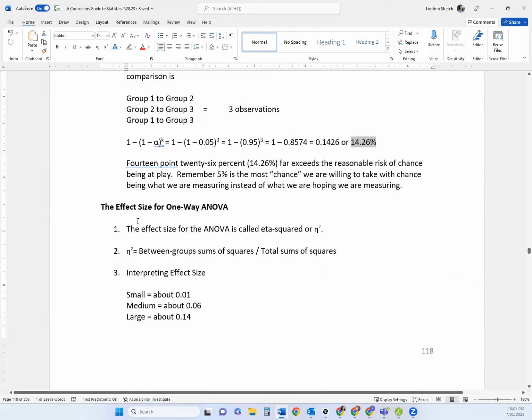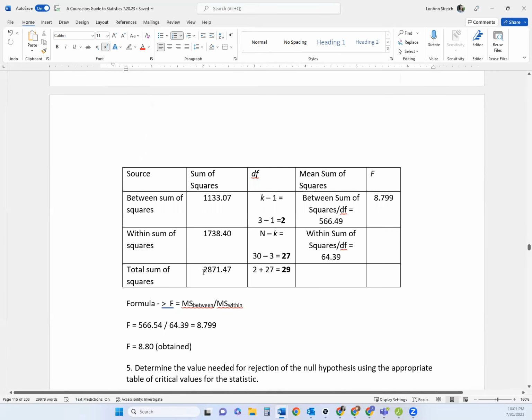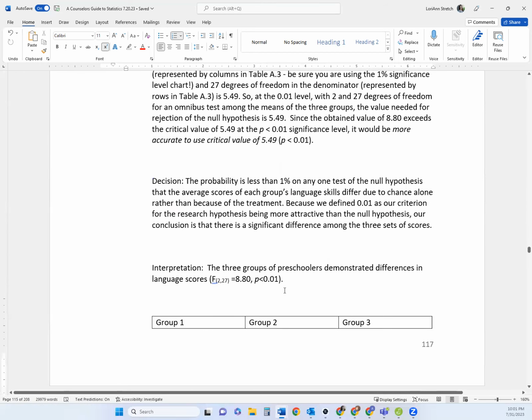All right. One other thing is the effect size for ANOVA is called an eta square, which looks like this little guy right here, which is the between group sum of squares divided by the total sum of squares. I told you we were going to use this piece of data right here. So we take the between group sum of squares and divide it by the total sum of squares.